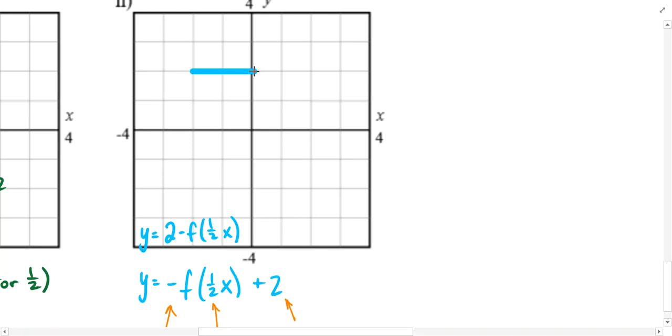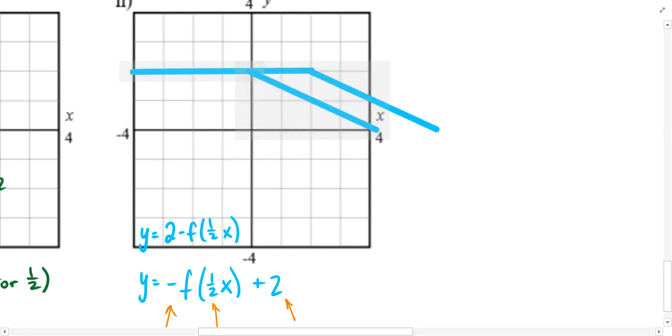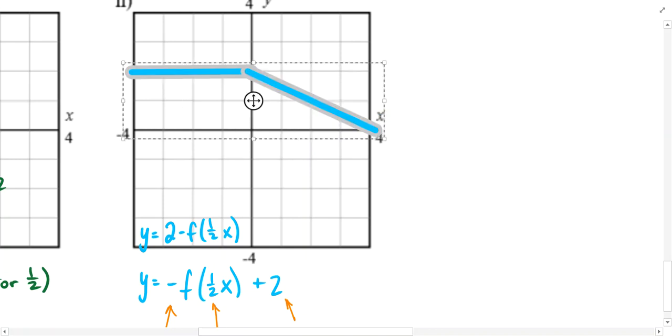So if we had the original graph here, the first thing that I would like to do is stretch it by a factor of 2 horizontally. Even though the number was 1/2, we want to make this graph twice as wide. Now my software is kind of helpful, but I do have to be careful here. If I stretch this twice as wide, I still need it to be centered at the center of the graph for the time being.